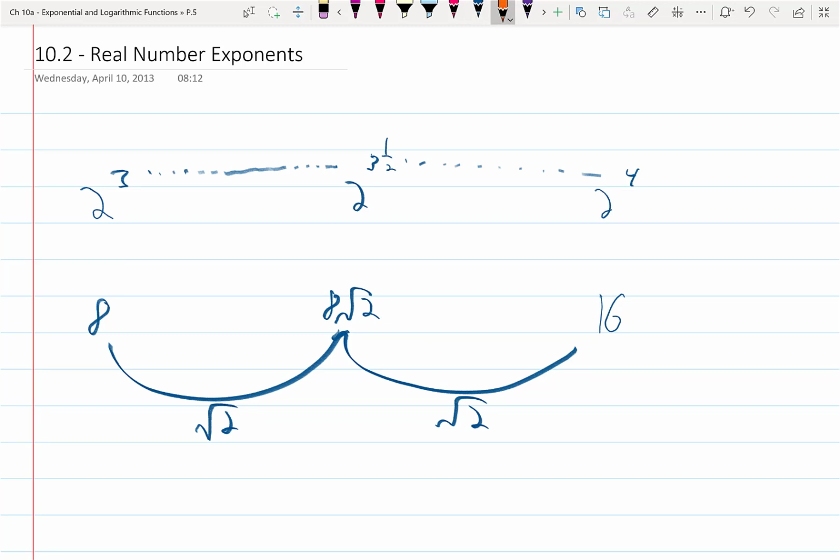Today, I need you to do something that we haven't done a lot of in math, which is to get a little bit abstract with your thinking. Partway between 3 and 3.5 is a number you are very familiar with.